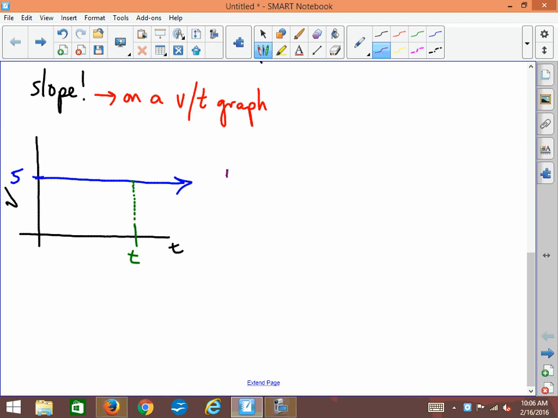So let's ask ourselves, what is the displacement at time t, if you're going at 5 meters per second and not changing? Well, we know how to do that. We know that d equals v times t.